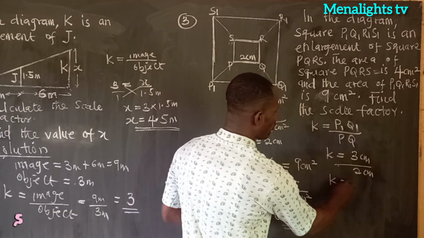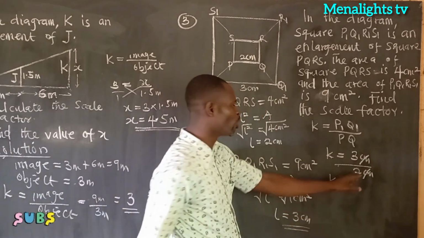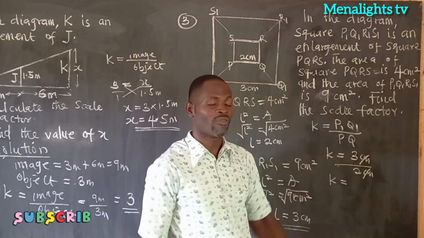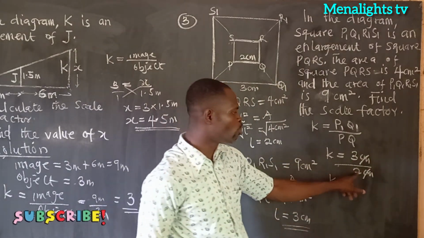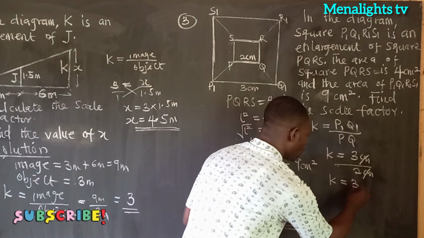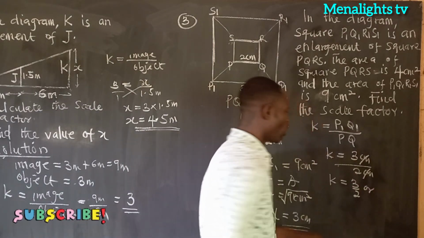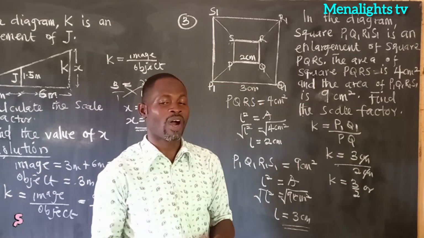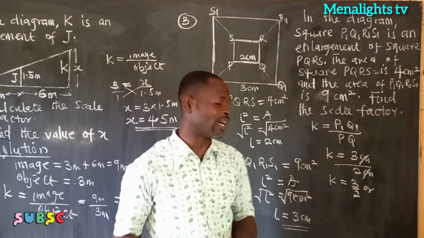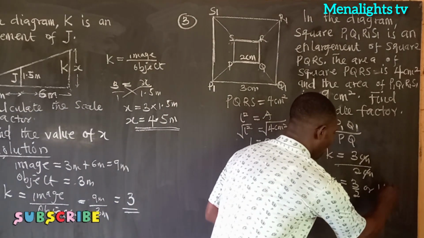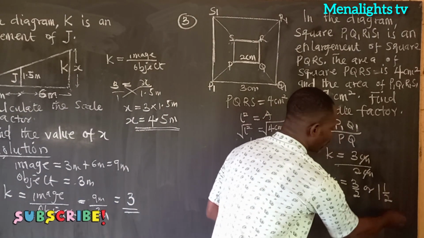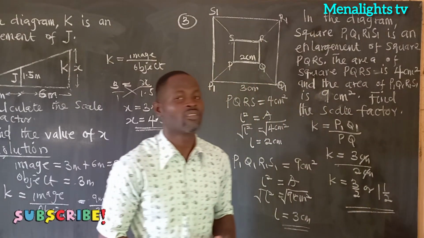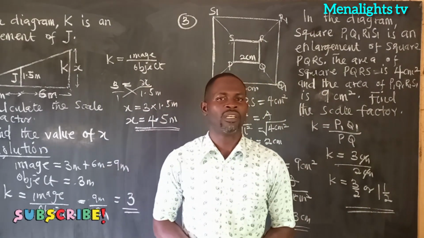So K is equal to 3 over 2, or 2 will go into 3, 1 time remainder 1 over 2. So 1 whole number, 1 over 2. That becomes our scale factor.